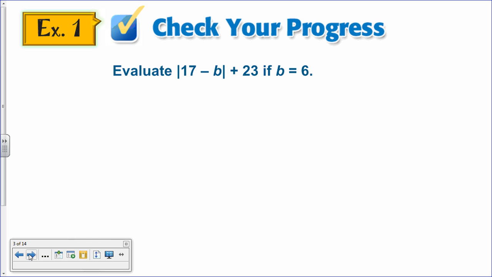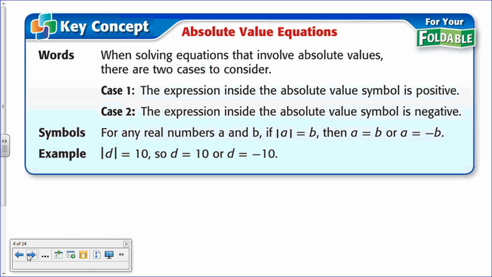Next slide. Absolute value equations. When solving equations that involve absolute values, how many cases can we consider? 2, right? If you understand absolute values, the absolute value of negative 2 is going to equal 2, and the absolute value of 2 is also going to equal 2.